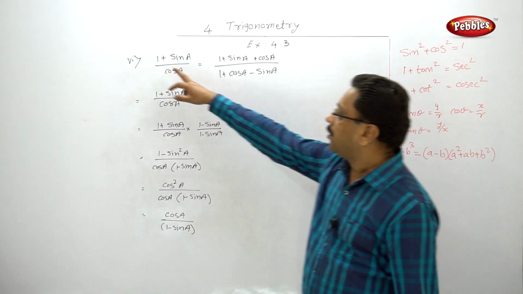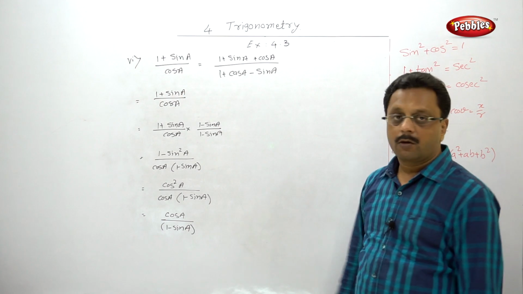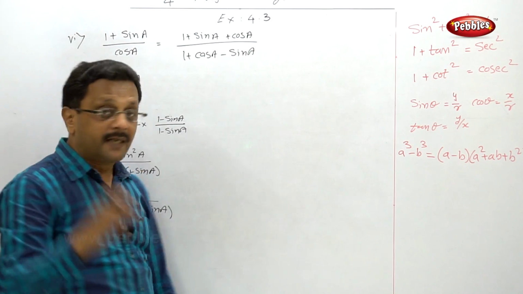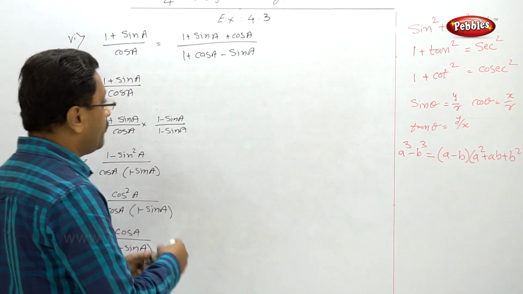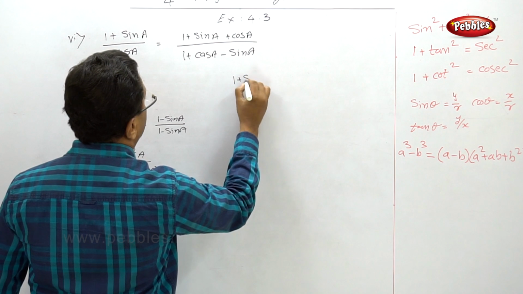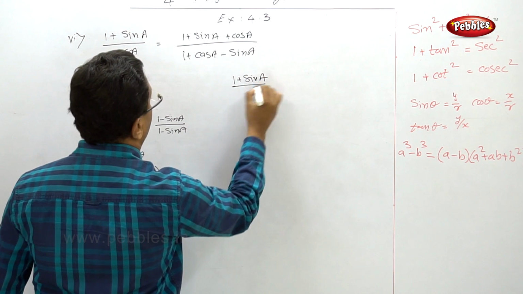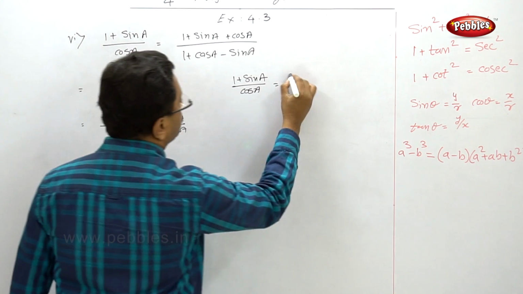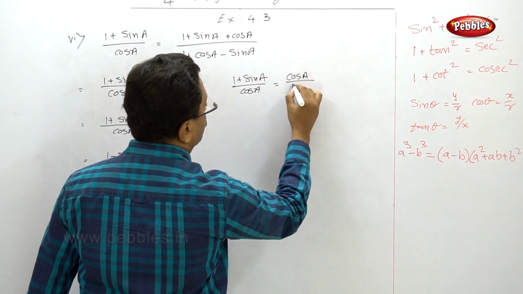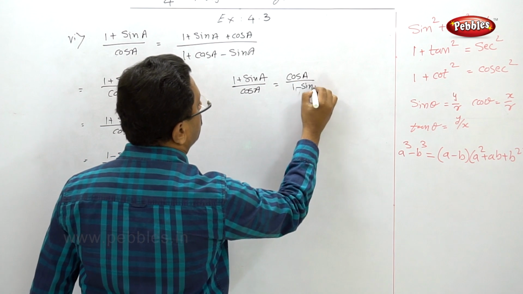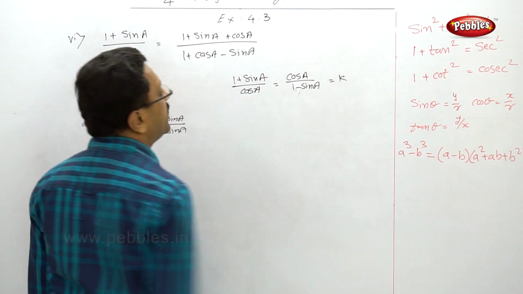Now you have (1 plus sin A) upon cos A and cos A upon (1 minus sin A). Now by the theorem on equal ratios, what we have here? We have (1 plus sin A) upon cos A is equal to this, cos A upon (1 minus sin A), equal to k.